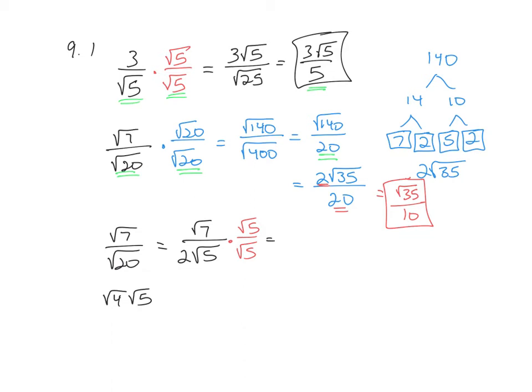Both of these, 7 and 5, are underneath the square root, so I can multiply those together. On the bottom, square root of 5 and the square root of 5 is 25. Square root of 25 is 5.